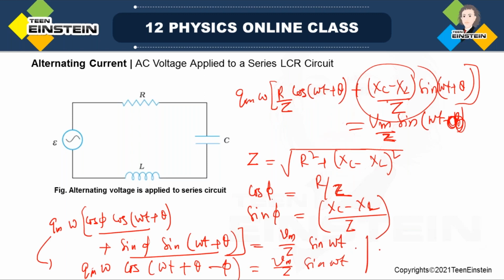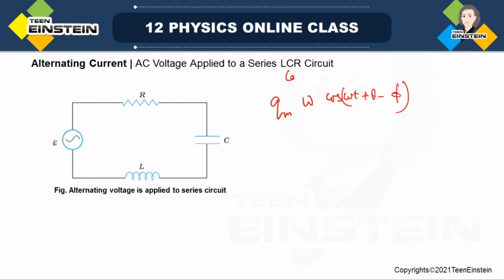And on the right hand side you had Vm by z sine of omega t. This is what you have got.